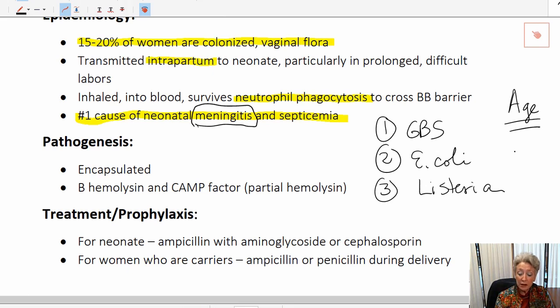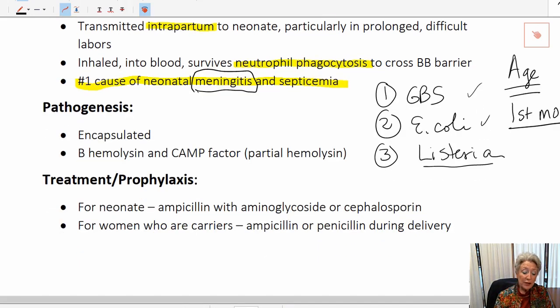And neonatal is the first month after birth. So within that first month, GBS and E. coli would tend to onset somewhat more rapidly than listeria. Listeria is going to be second week and beyond, as you'll see as we move into the gram-positive rods.